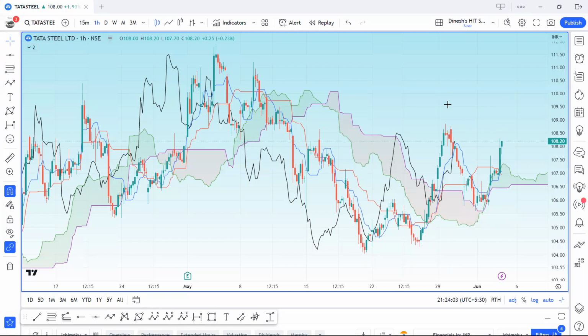So from a short-term trader's point of view also, this particular level of 109, not exactly 109, 108.85, sustaining above that will push the stock upwards, while any pullback towards 107 to 100, worst case scenario I would say 105, would see buying support coming in to again prop it up from there. The bear case scenario only occurs if it fails to hold this 104, 102 level in the medium term.